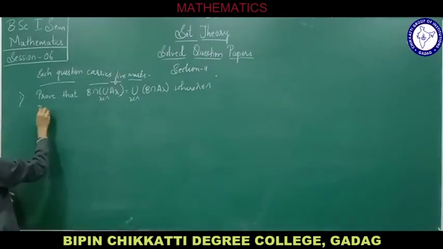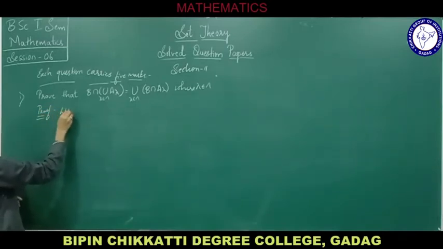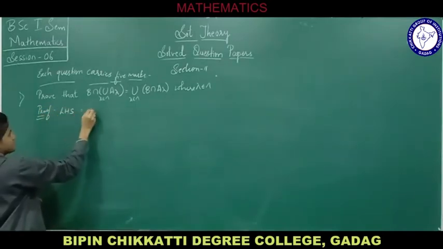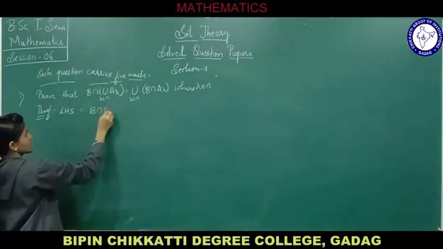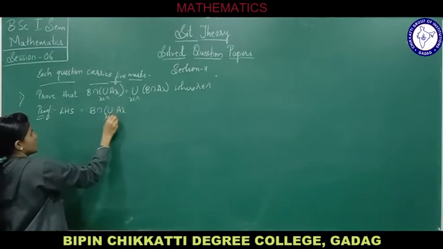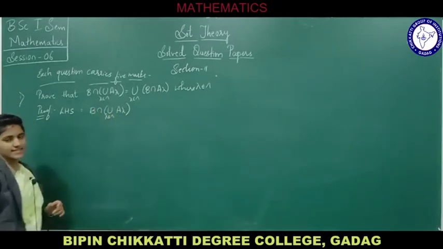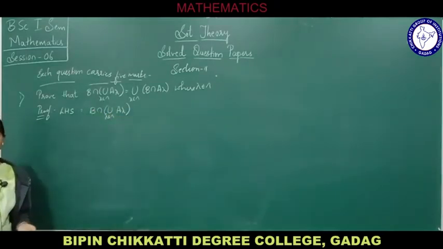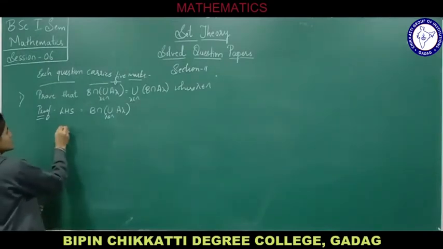Proof. First, consider LHS. What is given? B intersection union of A lambda, where lambda belongs to this index set. Then what are we going to consider? Let x be any element. What does this imply?